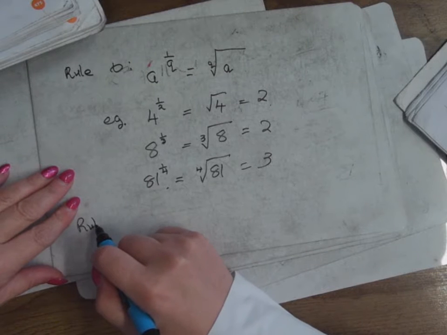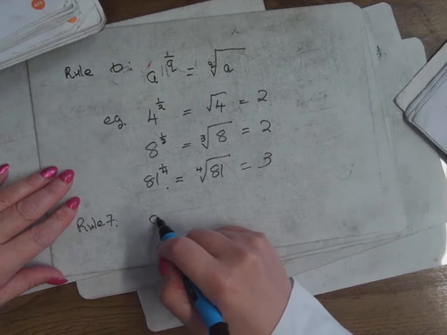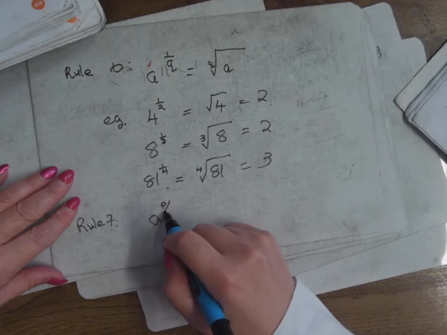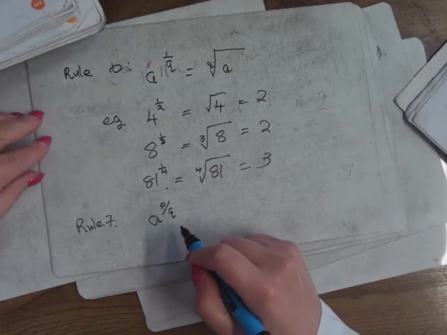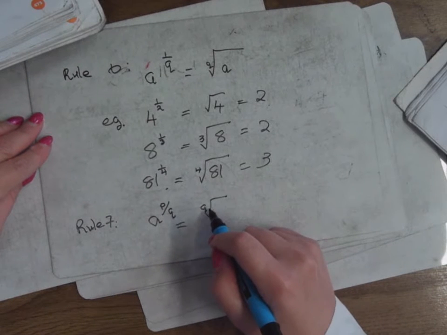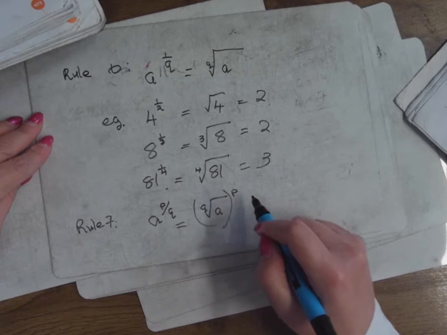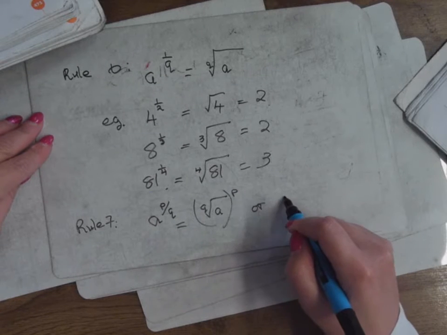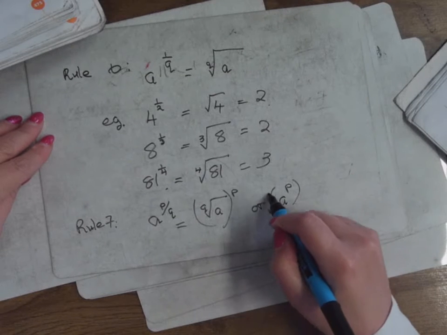Rule number 7 is in the log tables, it's written a to the power of p over q. So it's not 1 over a number anymore. It's the q root of a all to the power of p, or you can do a to the power of p first and then do the q root of the answer.